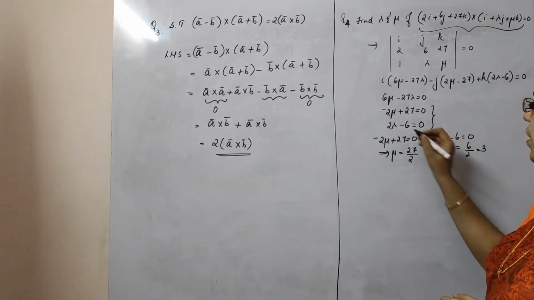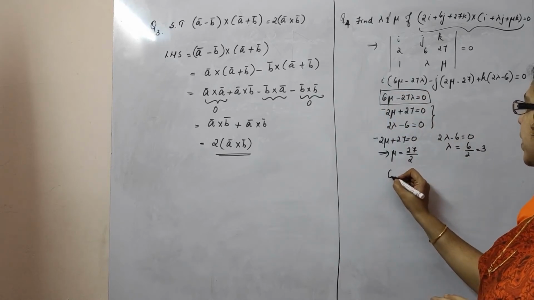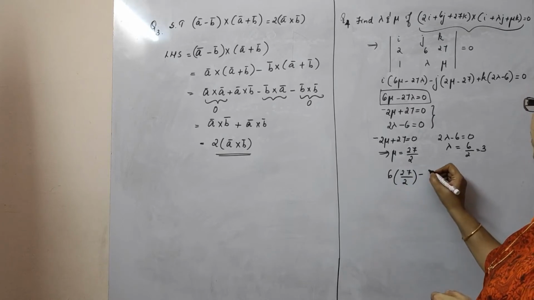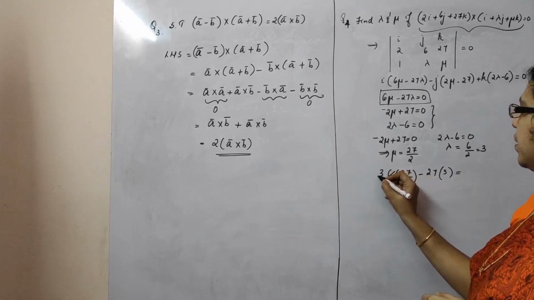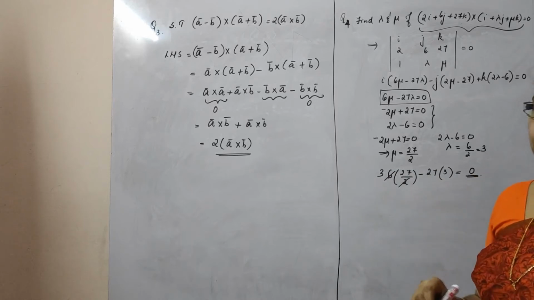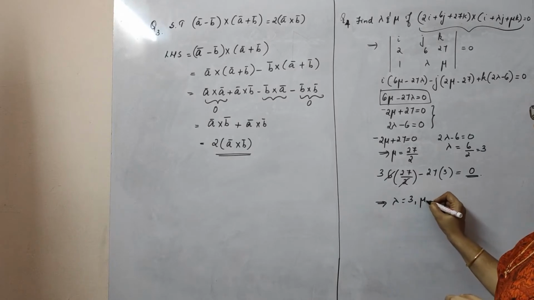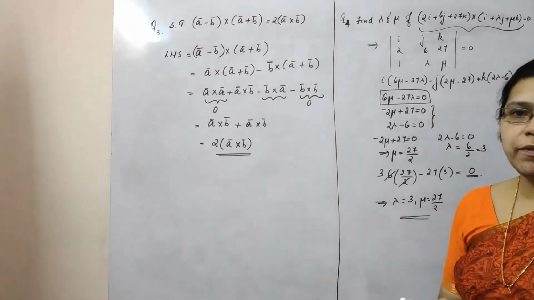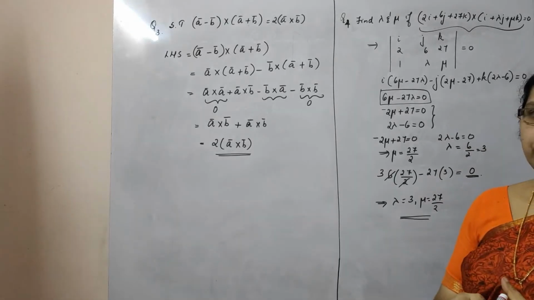So I substitute these two values in the first equation. What do I get? 6 into 27 by 2 minus 27 times 3, which is 3 times 27 minus 3 times 27, gives you 0. This implies lambda is equal to 3 and mu is equal to 27 by 2 are the proper values of lambda and mu, satisfying the given cross product.